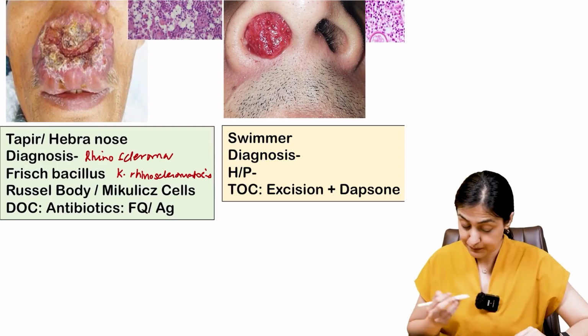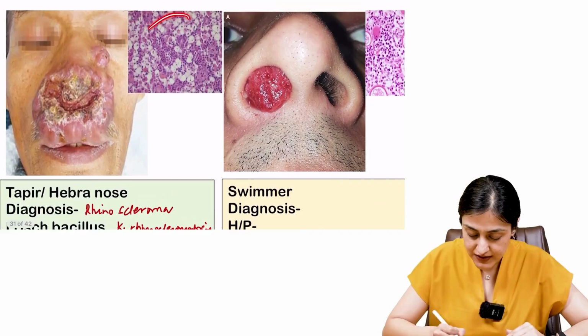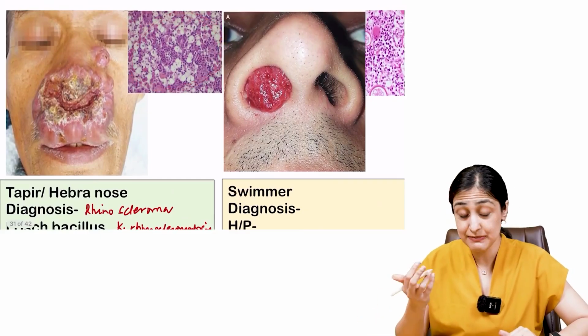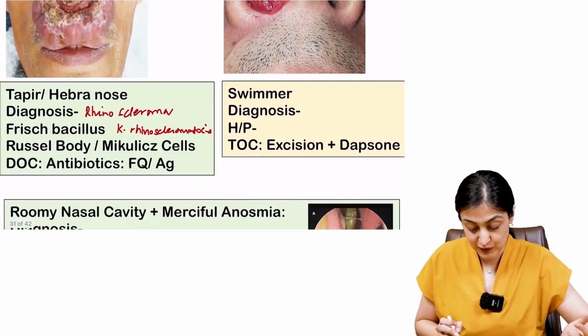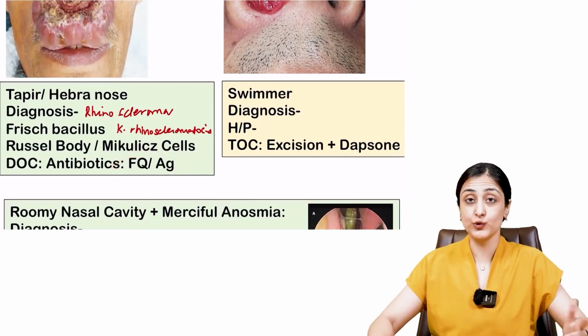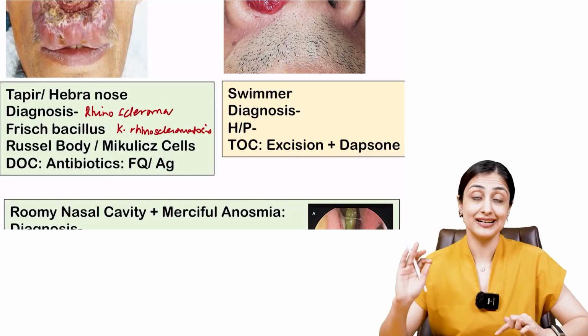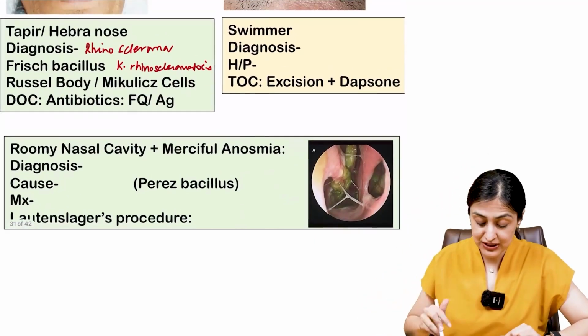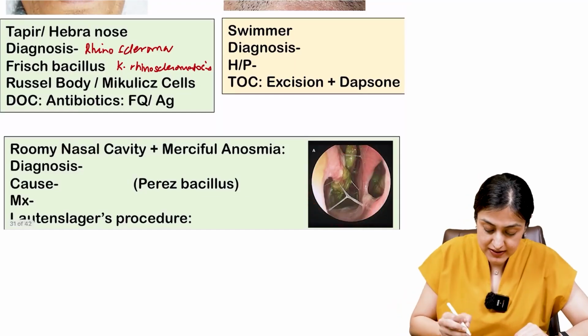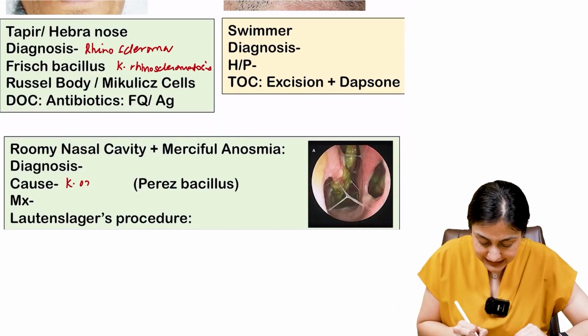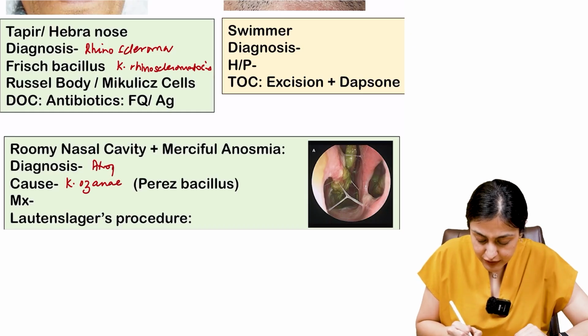Frisch bacillus. This is what are the Russell or the Mikulicz bodies, empty bodies, and because it's an infection, treated by fluoroquinolone/aminoglycosides. Another Klebsiella causing something is Klebsiella ozaenae, and what it causes is atrophic rhinitis.